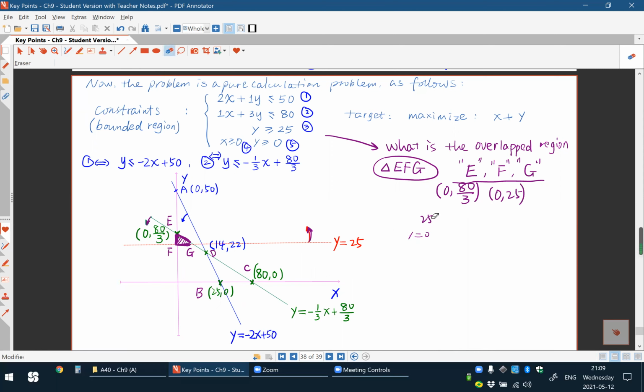How about G? G is also an intersection point, right? Which is an intersection point between these 2 lines. So what is the solution? The solution is, which means x is 5, right?